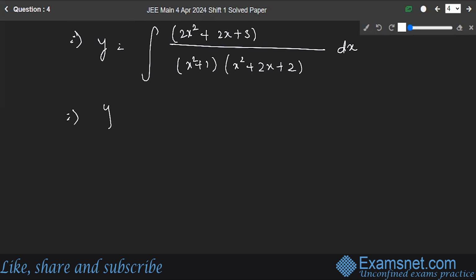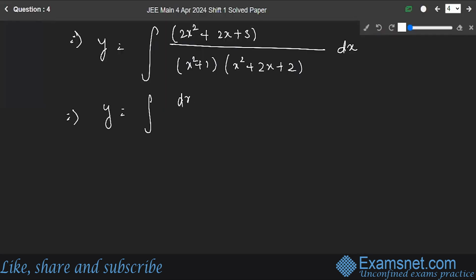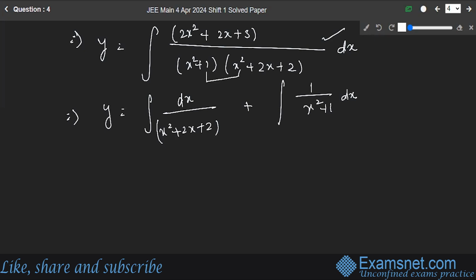This will be y is equal to the integral of dx upon (x squared + 2x + 2), and I can write it like this. Correct? Because when you add both of them, you will ultimately get this one only. Why? Because by adding the fractions over the common denominator, you will get the numerator. So I can split them like this.